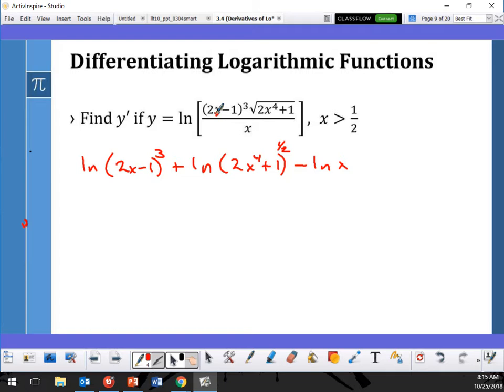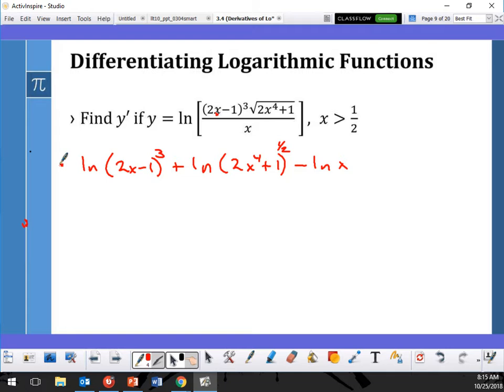So now, can I go through and actually clean this up a little bit? Let's take a look at this over here. What happens to my exponents in an ln? See this 3? Where's that 3 going to go? It goes out front, right?